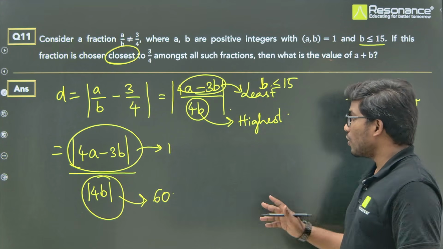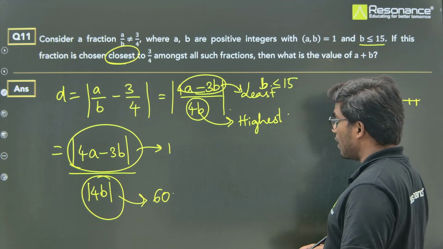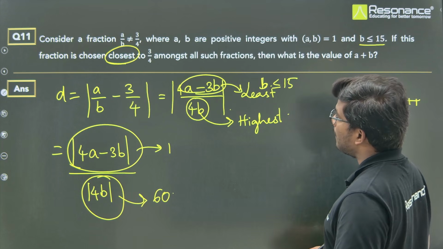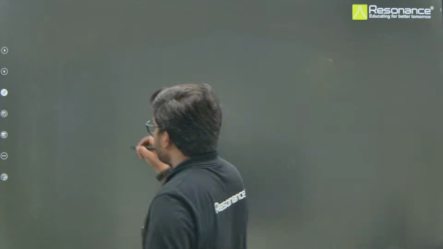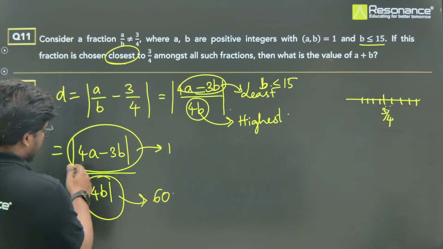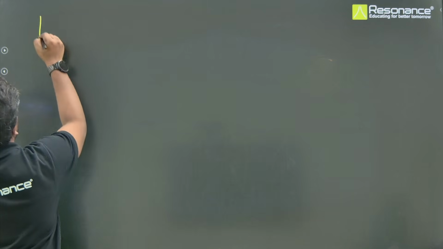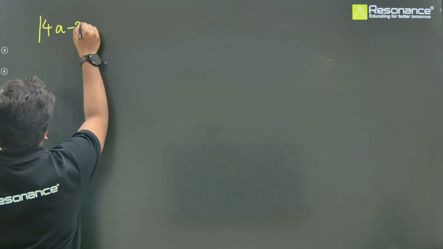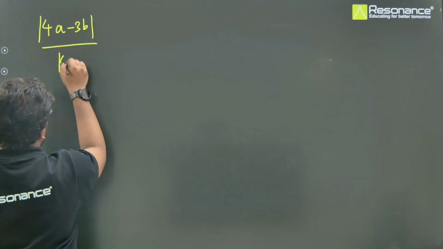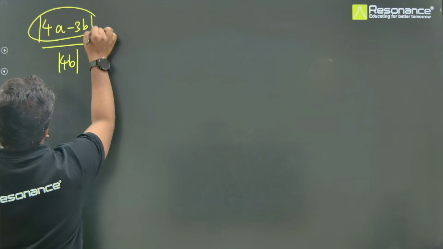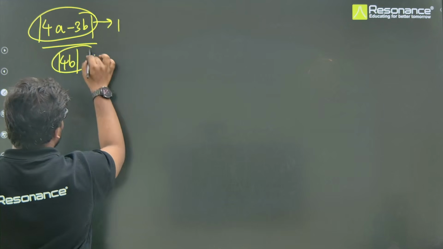Yes. So moving forward with this knowledge, borrowing this modulus 4a minus 3b by modulus 4b. This has to be 1 and this has to be 60.